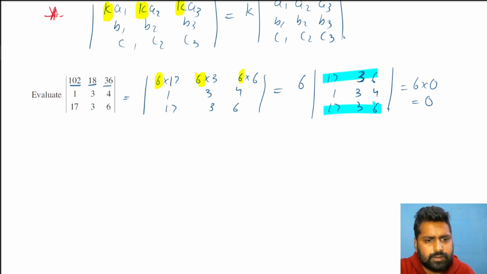All right. Now the last property, and I'll have to say it's the best property, because, no, this is not the last. There's one more. The last property actually is the best property because 99% of questions on determinants are solved by it.